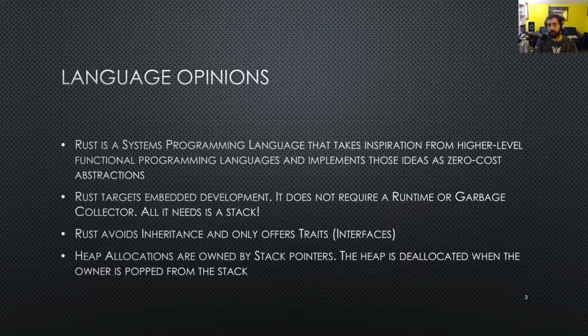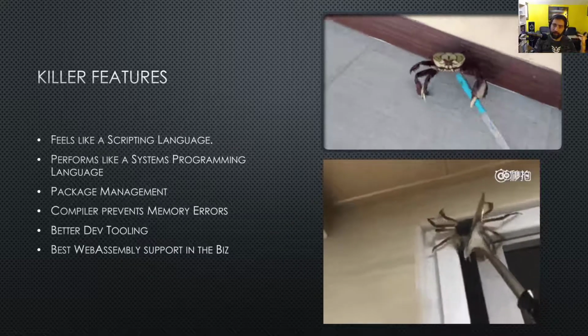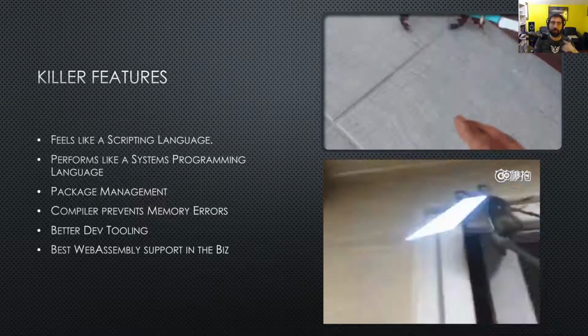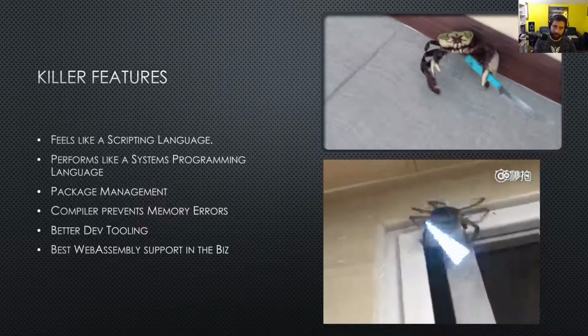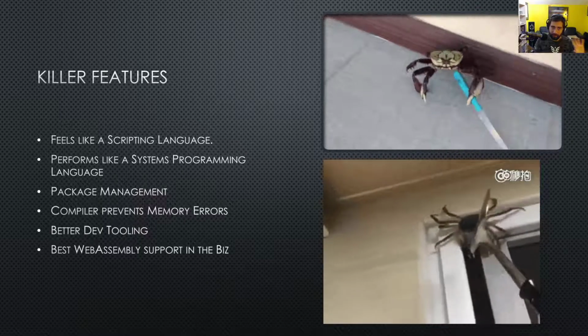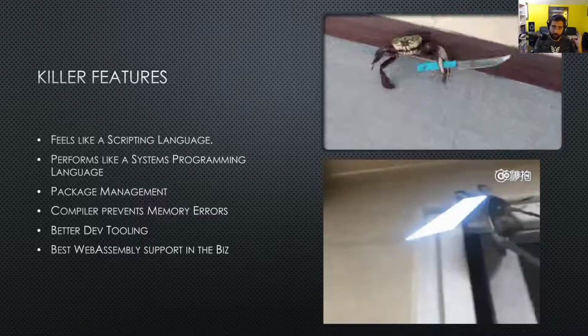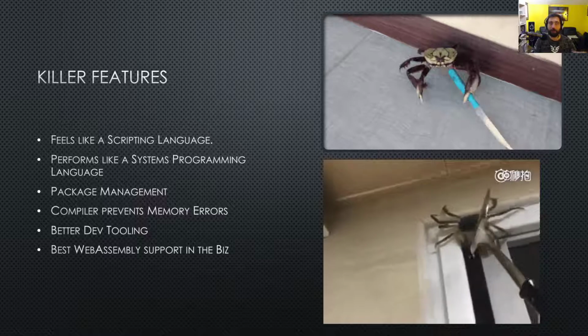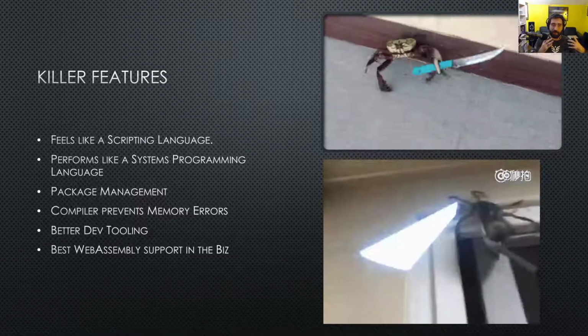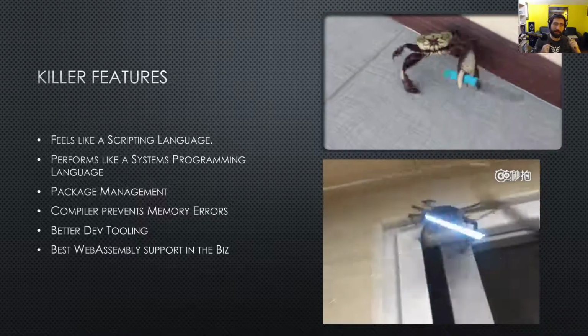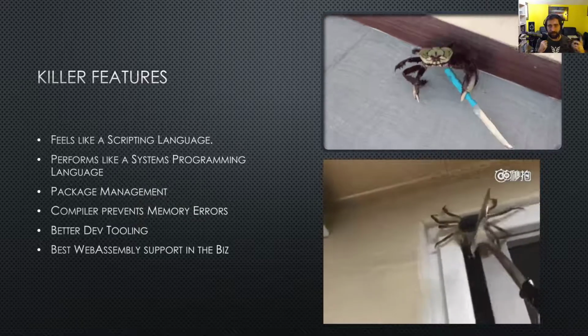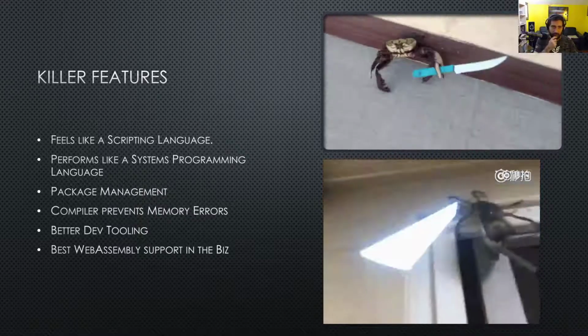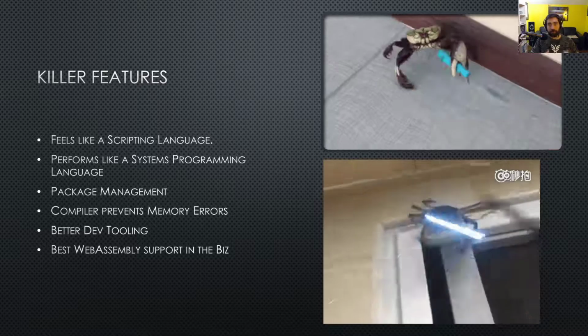So Rust provides some really cool killer features. It kind of feels like a scripting language in certain ways, which I like because I like certain aspects of functional programming. And those tools are provided in a way that is performant and is basically equivalent to C or C++. You get modern package management.